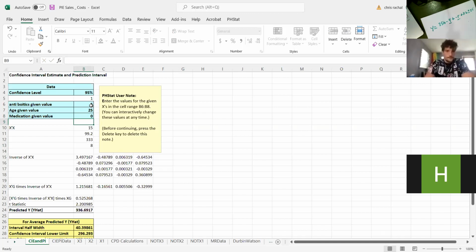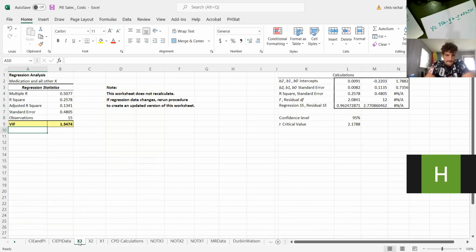Increase the antibiotics, and we can see we get a little decrease there, right? Increase the age. Okay, and that's what this is doing, is forecasting based off of those coefficients.